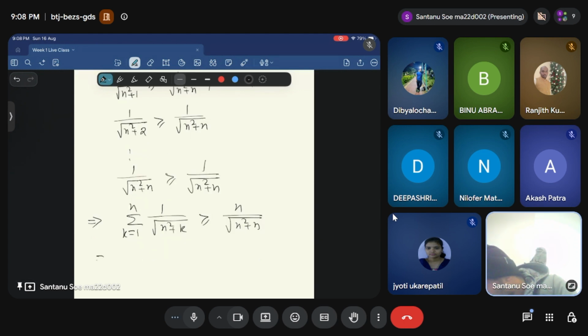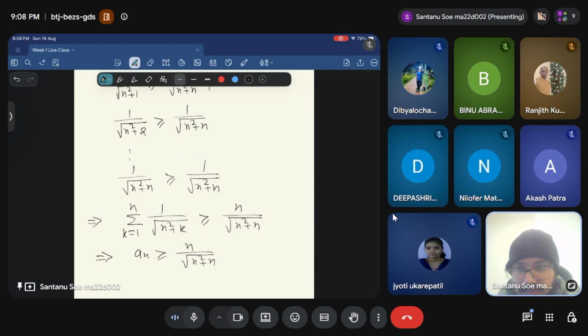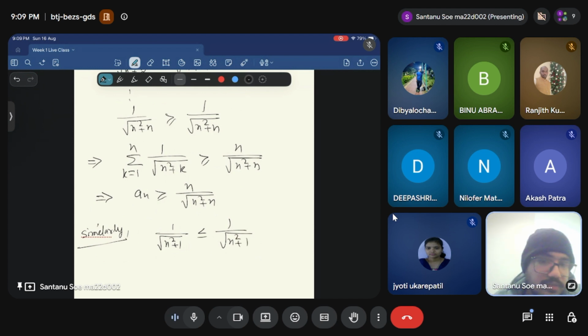So from here we can say an is greater than or equal to n divided by square root of n squared plus n. Similarly, 1 by square root of n squared plus k is less than or equal to 1 divided by square root of n squared plus 1. This we can write, correct?